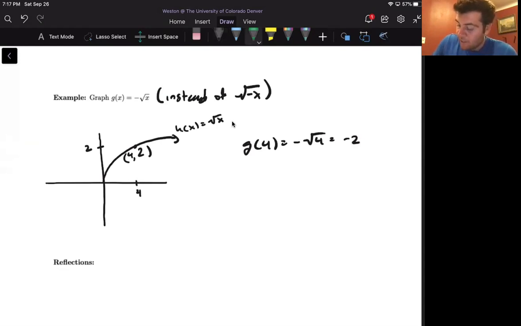So for g of x, we're actually down here at -2. And maybe we can see that any number we plug in, we're actually just going to get its negative out for the y value. So our graph ends up looking something like this green line. And so we get a reflection across the x-axis.